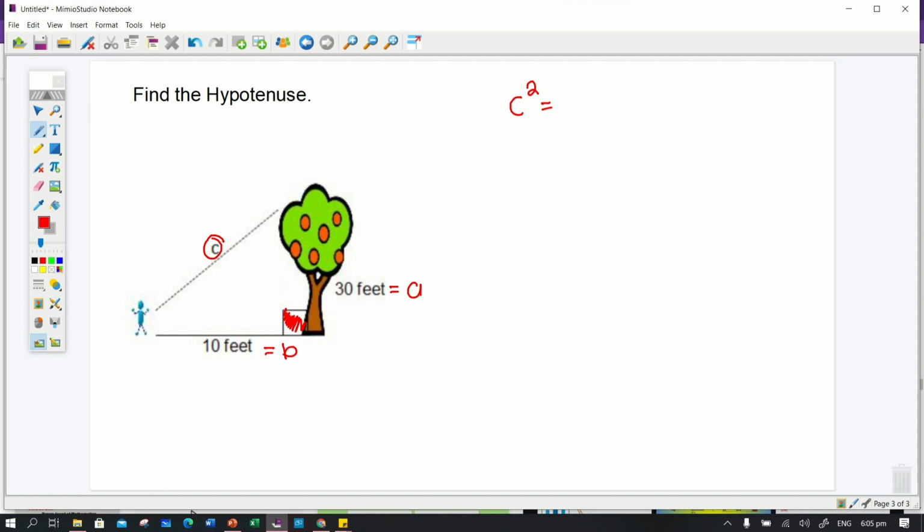So, Pythagorean theorem formula is c squared is equal to a squared plus b squared. By substitution, the value of a is 30.